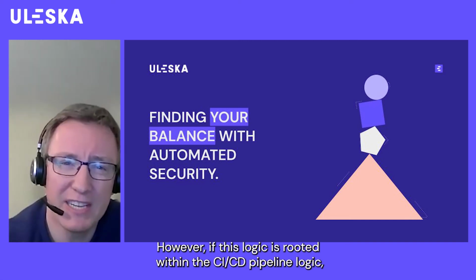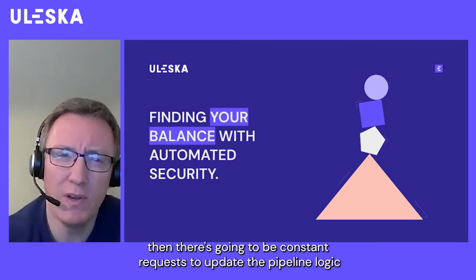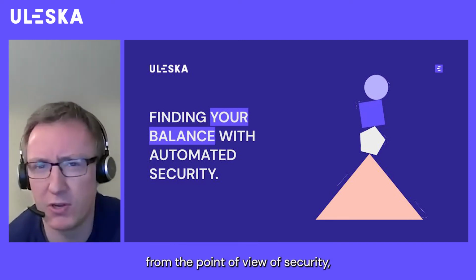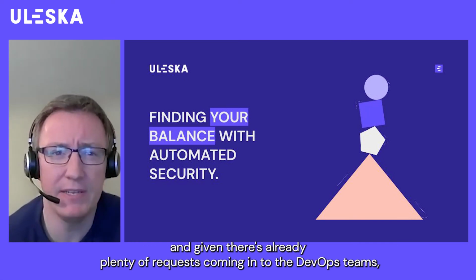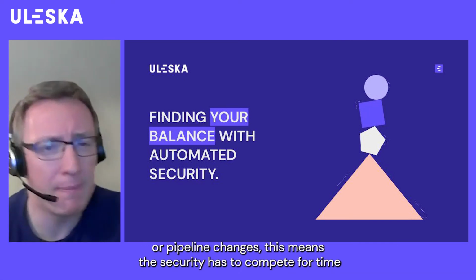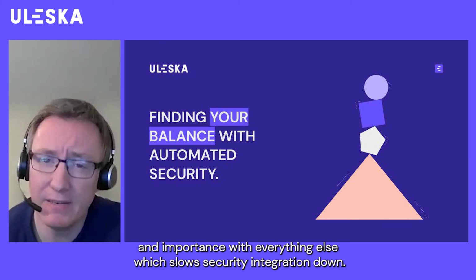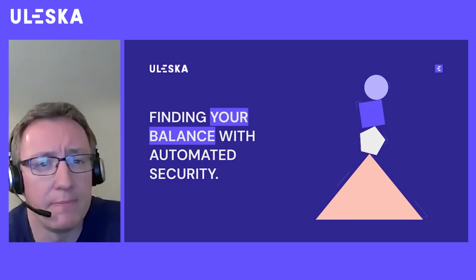However, if this logic is rooted within the CI/CD pipeline logic, then there's going to be constant requests to update the pipeline logic from the point of view of security. And given there's already plenty of requests coming into the DevOps teams for pipeline changes, security has to compete for time and importance with everything else, which slows security integration down.